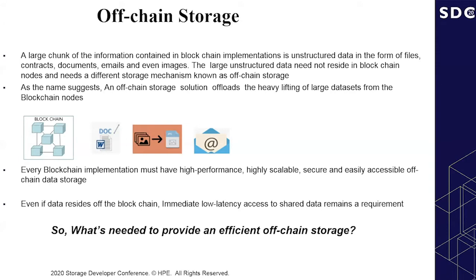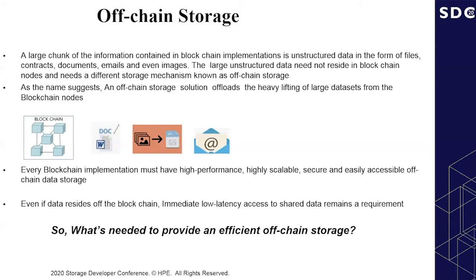A significant amount of information in the implementation of blockchain is unstructured data in the form of files, contracts, records, emails, or even images. This unstructured data does not reside in the blockchain and requires a different storage mechanism, which is what we refer to as off-chain storage.